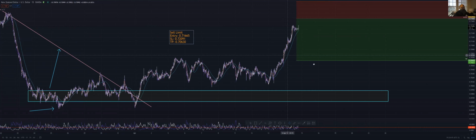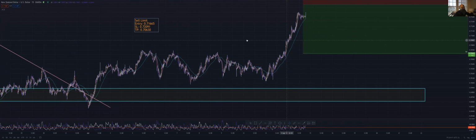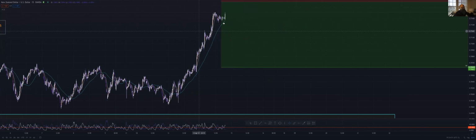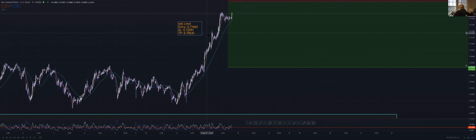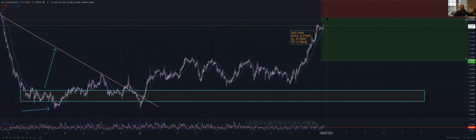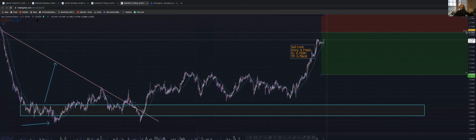So it doesn't make sense for us to try to get into that sell here, because this aqua is the 50 moving average on the 15-minute. I didn't see price break this 50 moving average, so that tells me there's still some buying momentum in the market. So we can put that entry point up here.